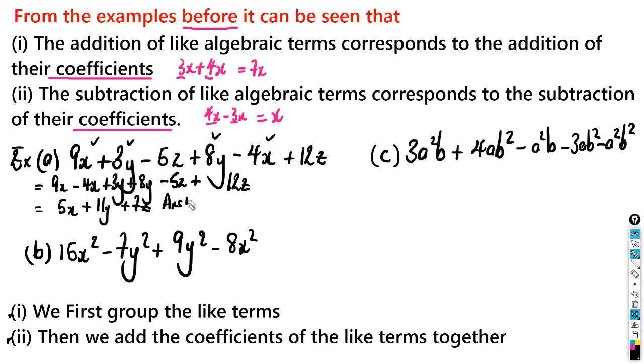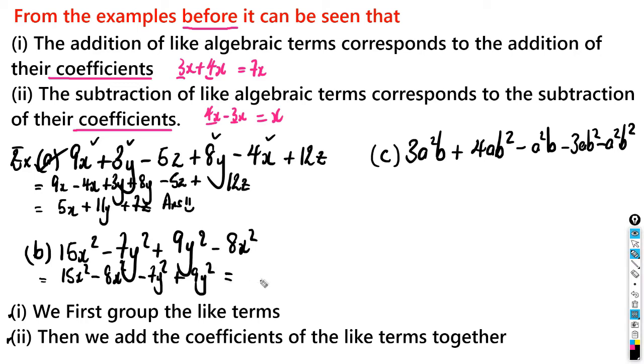Okay, guys? Cool. So this one is pretty easy. So let's look at the second one here. The first thing we want to do is group the like terms. So we're going to say 15x squared minus 8x squared, because those are like terms, minus 7y squared plus 9y squared.